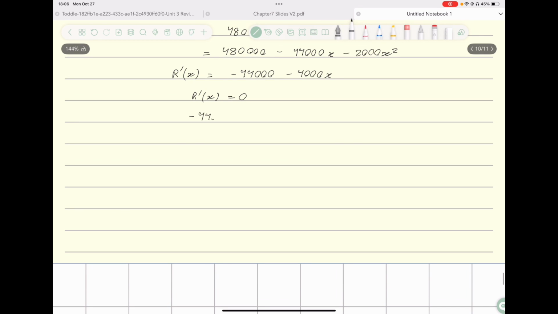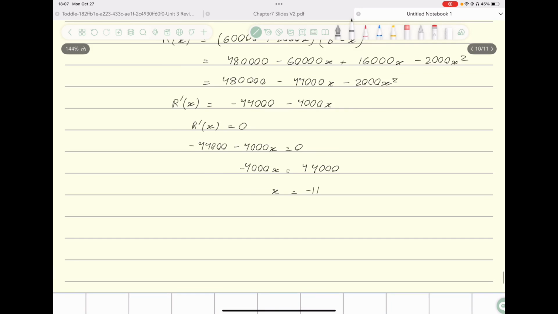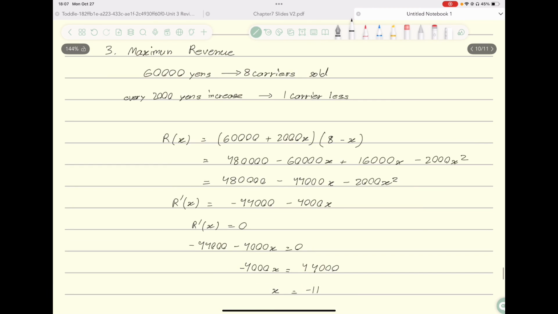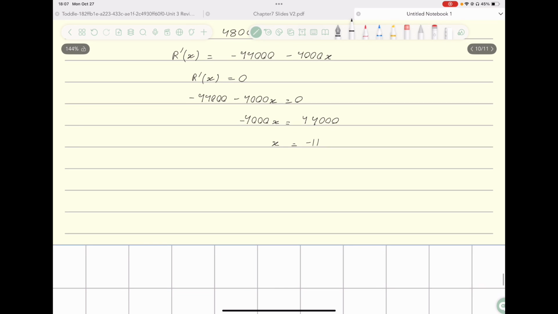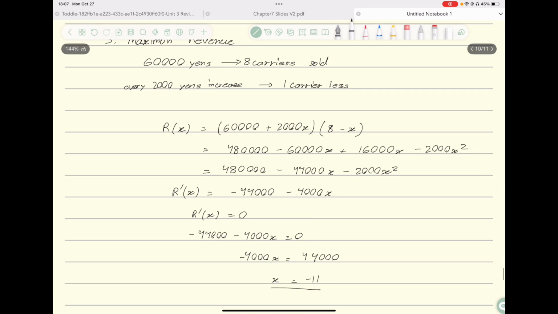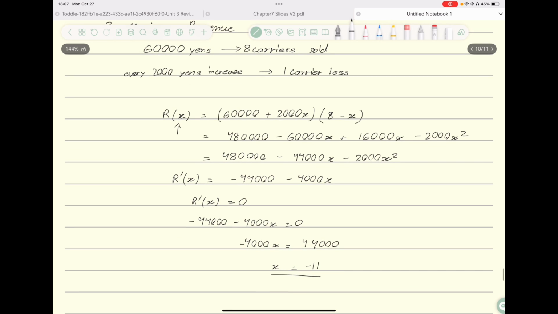And then we will get negative 44,000 minus 4,000 x is equal to 0. So negative 4,000 x is going to equal 44,000, and x equals negative 11. So we'll use this x to put it back into the original equation to find the maximum revenue.